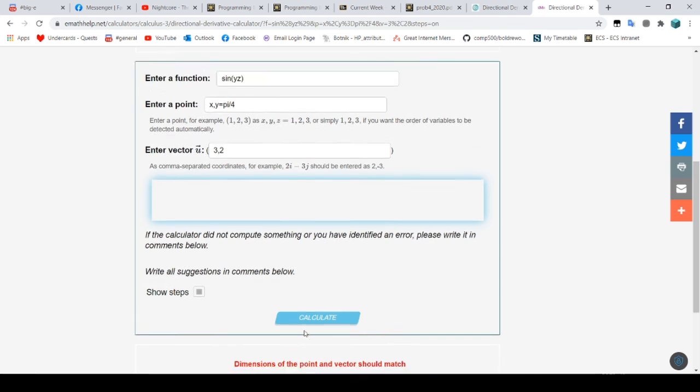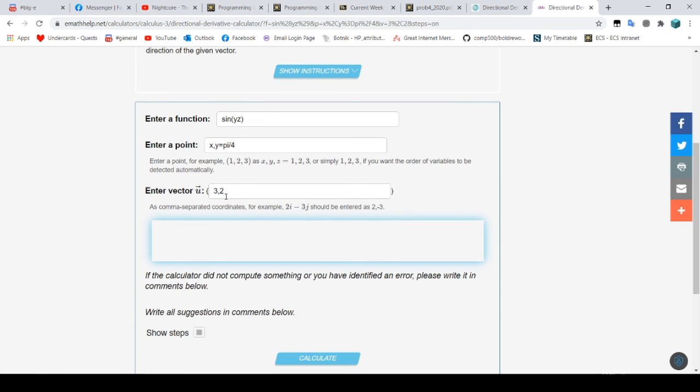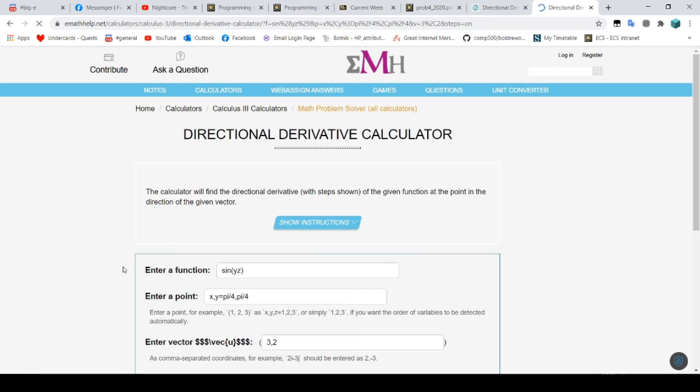Dimensions of the point and the vector should match. Really? Is that right? Oh, yeah, it is right. I just forgot.